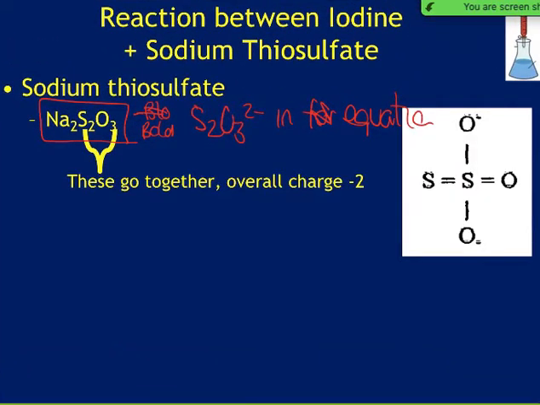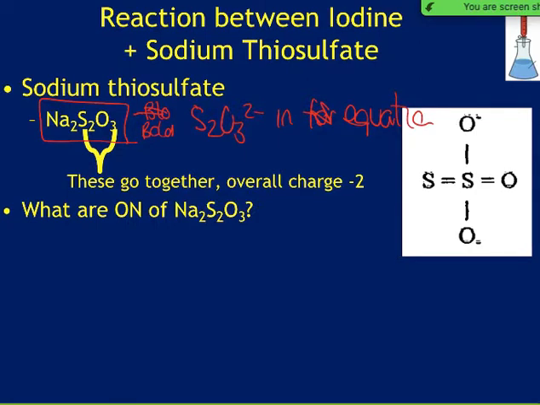Okay, so you don't have to draw the structure, but it is a complex ion with the 2 negative overall charge. Now, can you work out what the oxidation states of things are?